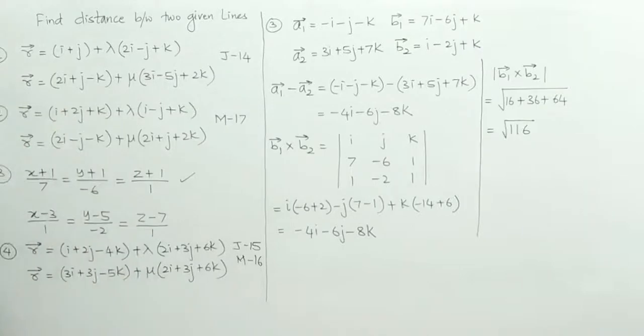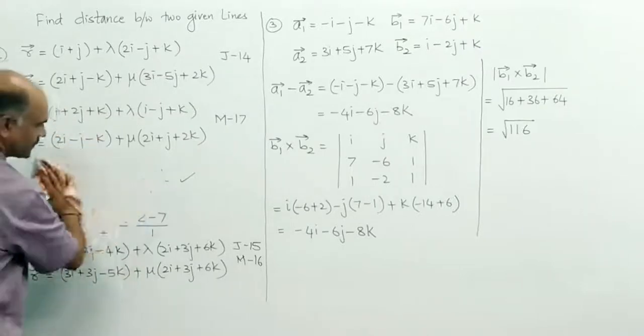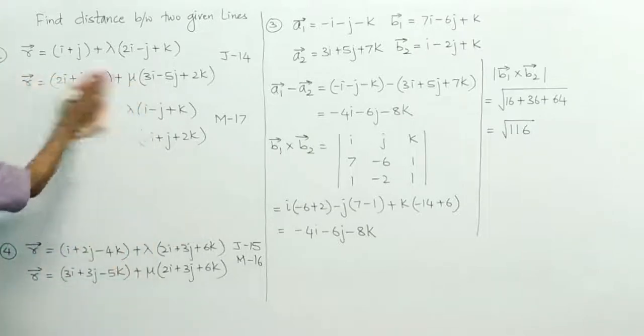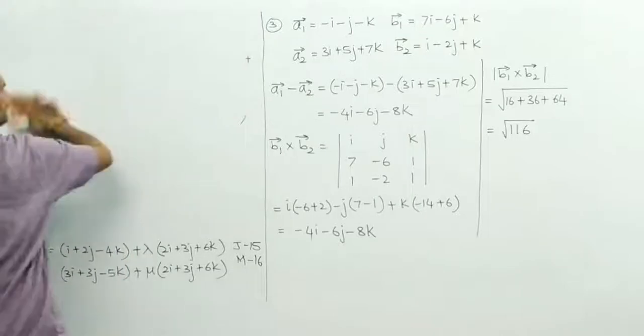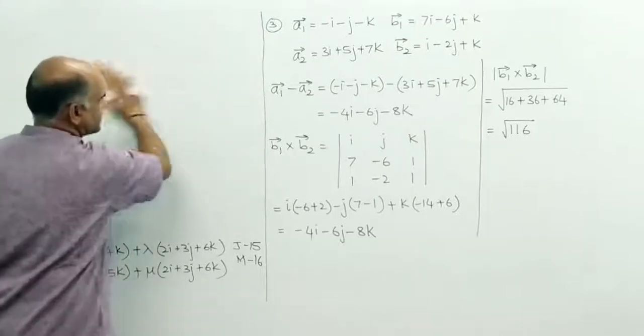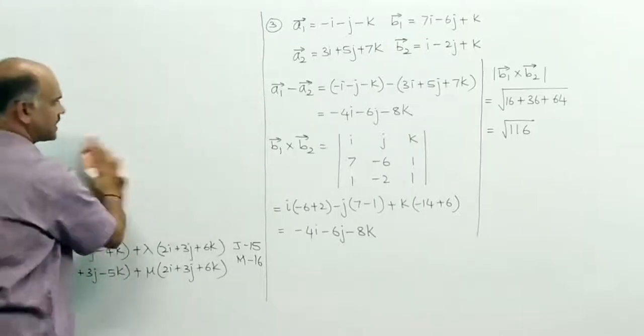Now in the final step, again write a formula and substitute. So I will be solving over here. So fourth step or final step. So you write the shortest distance formula and substitute in that, and you will have the answer.